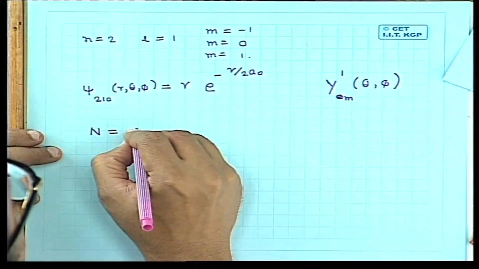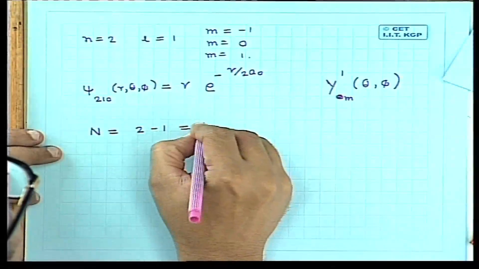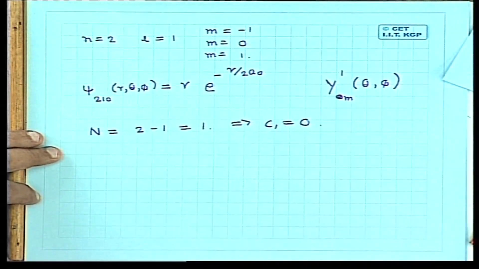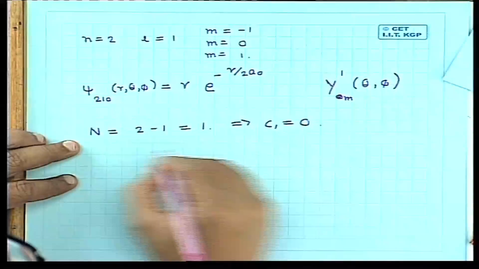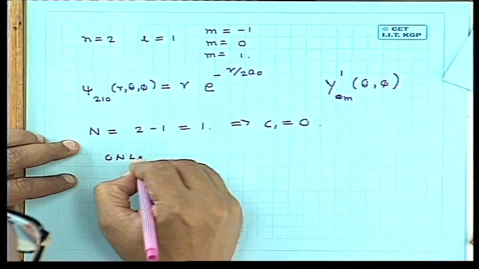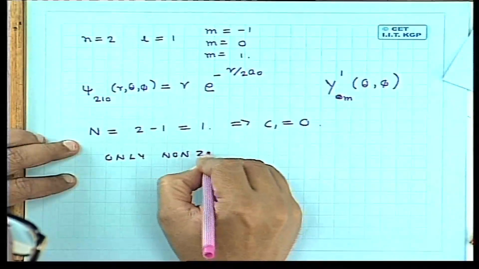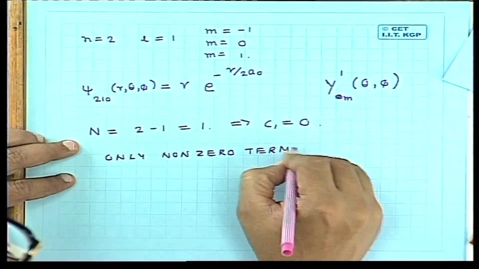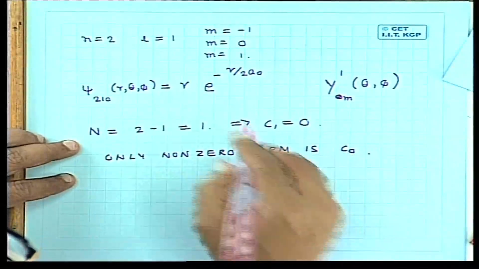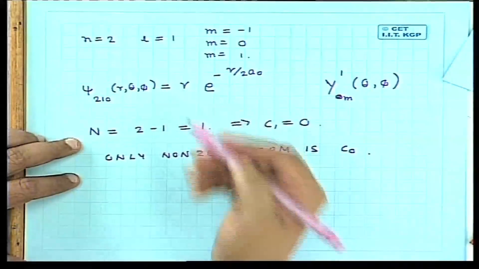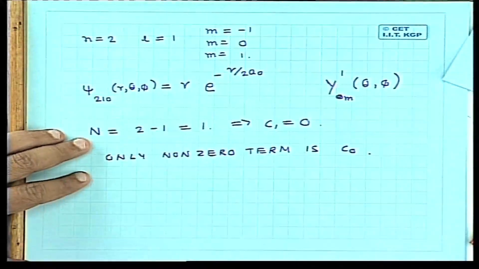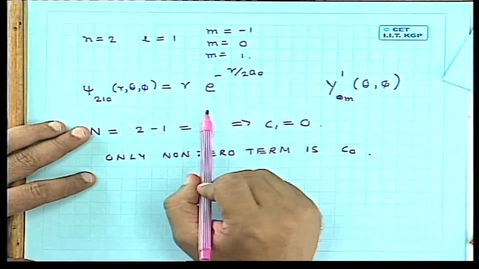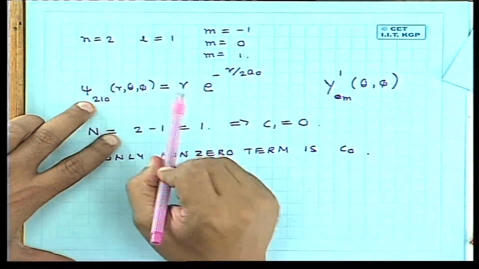N is equal to 2 minus 1, so it is equal to 1, which implies that C1 is equal to 0. So the only non-zero term is C0. It is now some coefficient over here which we shall not bother to write down because there is an overall normalization coefficient. So this is the other wave function corresponding to the first excited state.